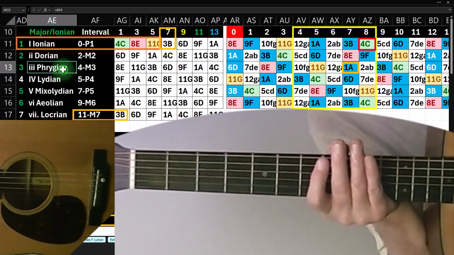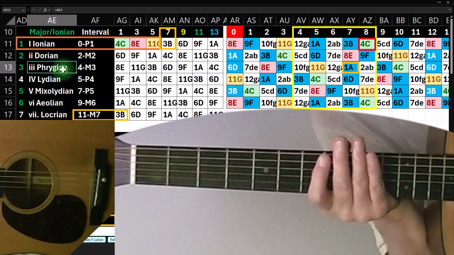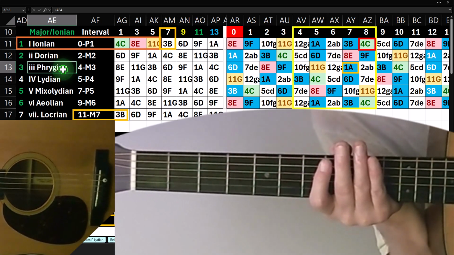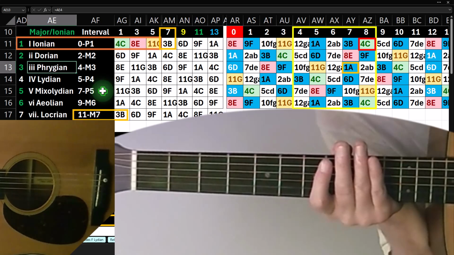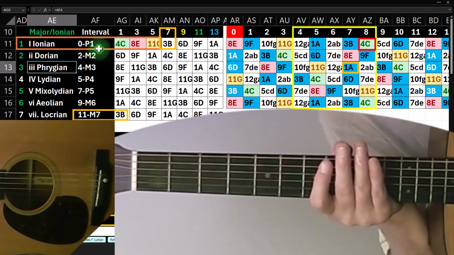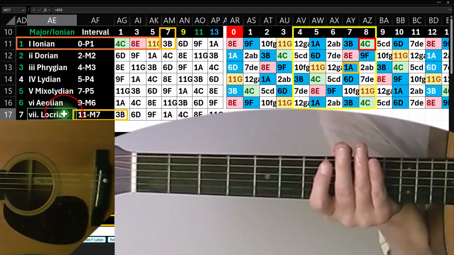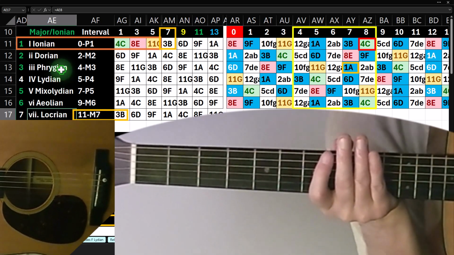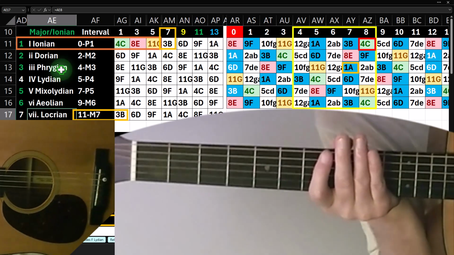So it does what you would expect the minor mode to do, flattening all the majors to a minor, and it still has the perfect fourth, fifth, and first. But then the Locrian takes that darker Phrygian and does something even crazier that no other mode does.